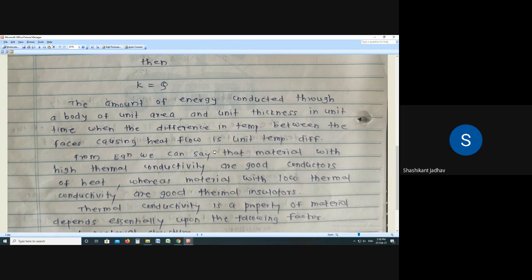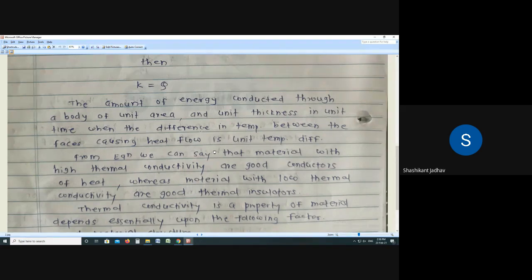From the equation we can say that materials with high thermal conductivity are good conductors of heat.